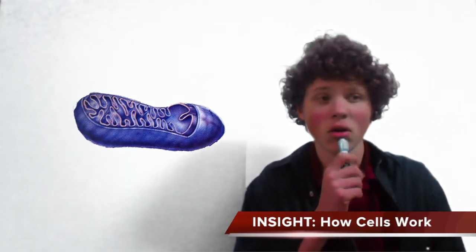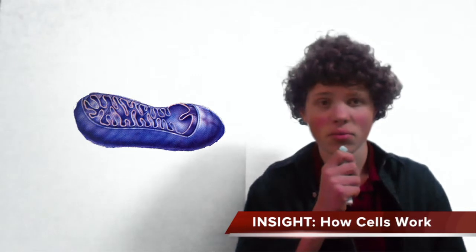Now, the purpose of the mitochondria is to create energy for the cell. In this case, the energy it creates is ATP, or adenosine triphosphate, which the cell requires for processes like metabolism and other cellular activities.